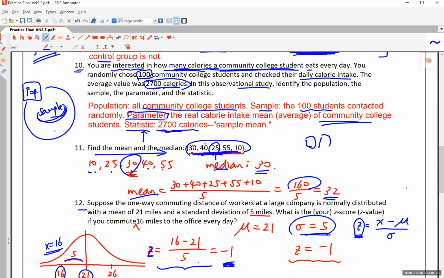If you had 6 numbers, or an even number of figures, then of course there is no middle one. So what do you do in that case? You pick the 2 middle ones and then find the mean or the average of these 2 numbers. And that's how you find the median.